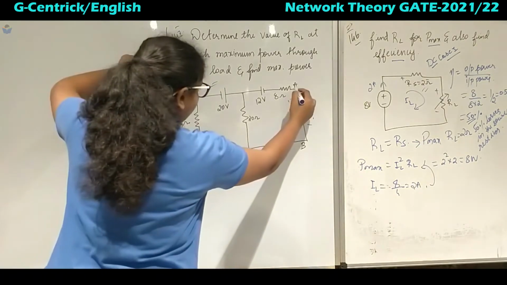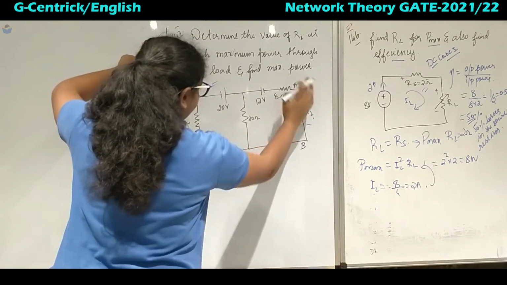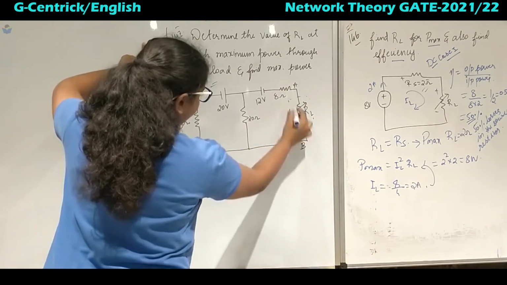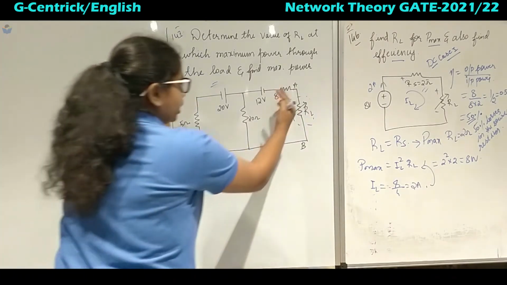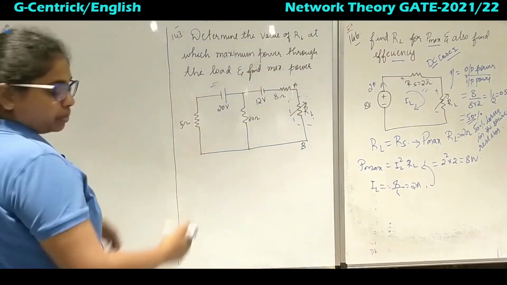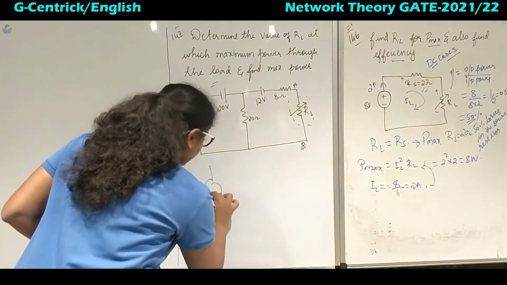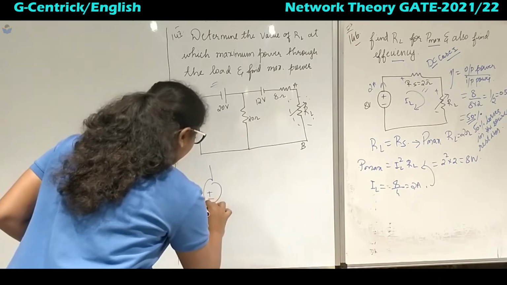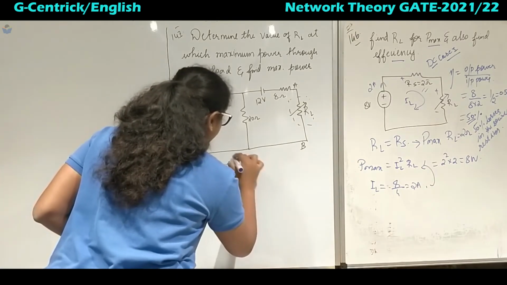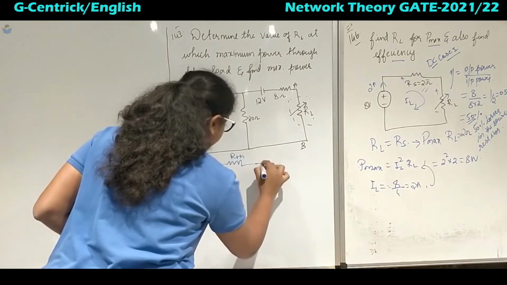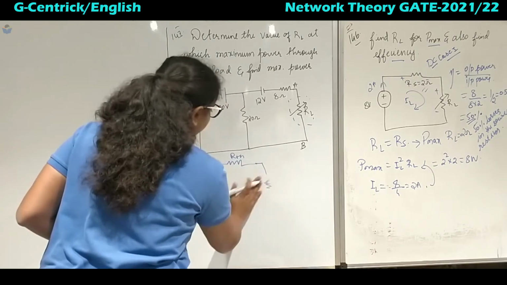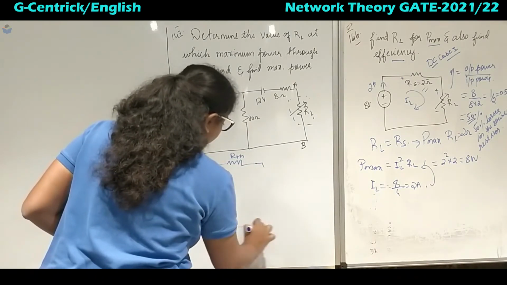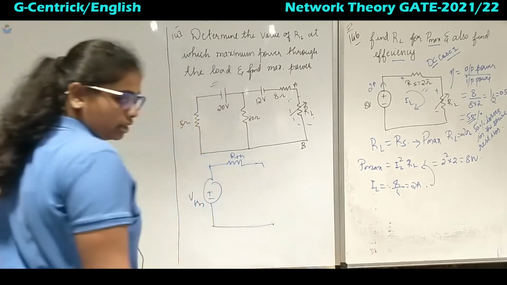Okay, so now if I consider this as terminal A and this as terminal B, up to here it will be like a Thevenin circuit. I can replace it with VTH and an equivalent resistor RTH, and this will be open, right? So you have to find RL, it is open.